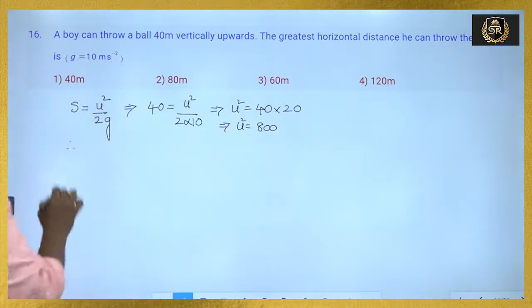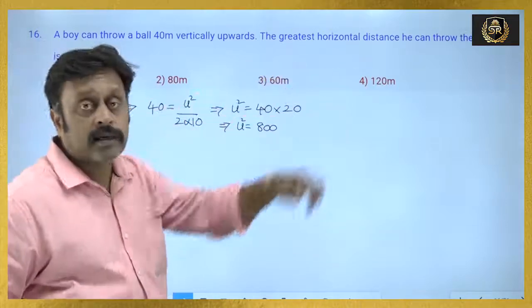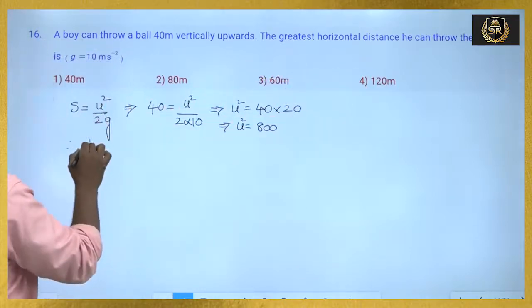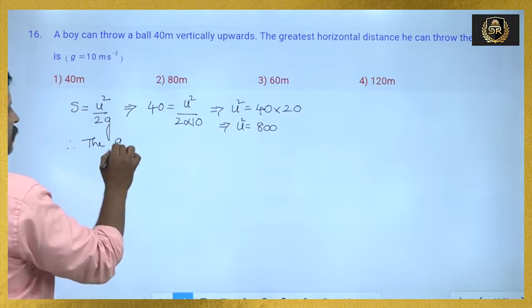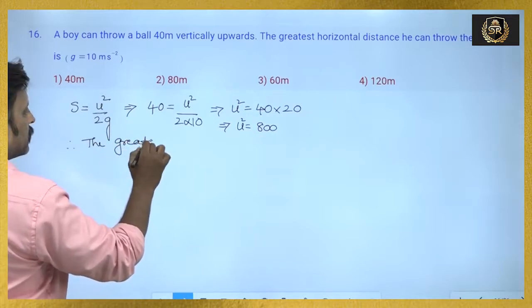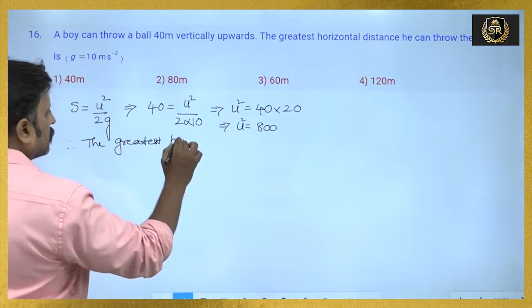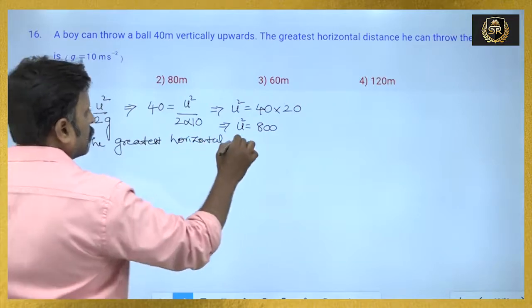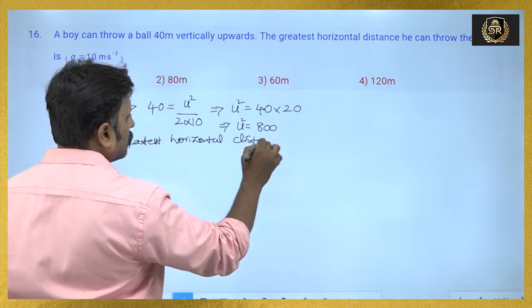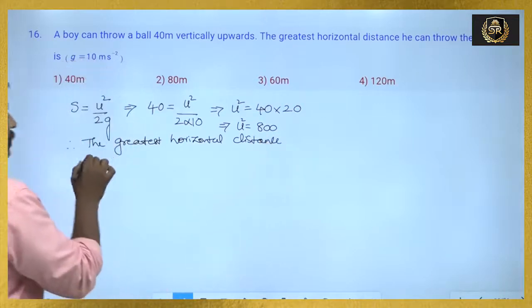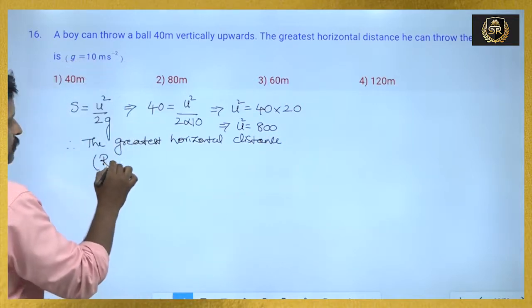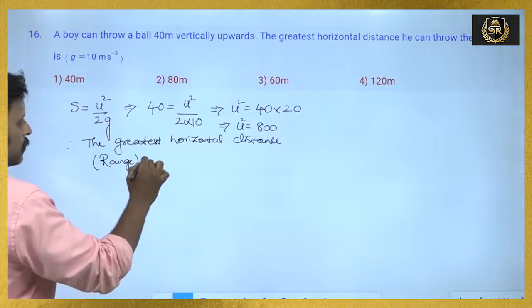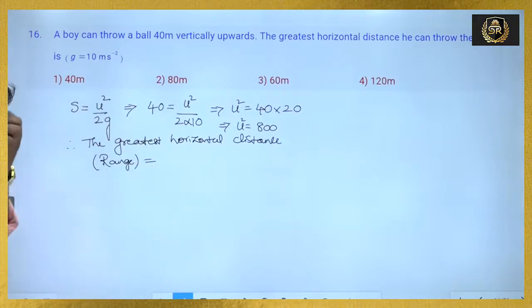Therefore, you ask me to calculate the greatest horizontal distance. What do you mean by greatest horizontal distance? Greatest horizontal distance is nothing but range. Range of the projectile.